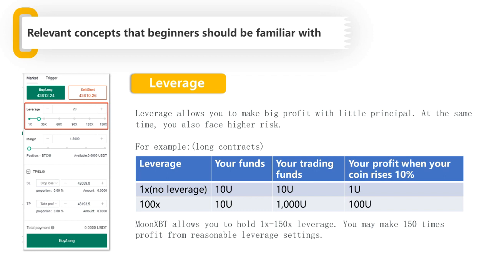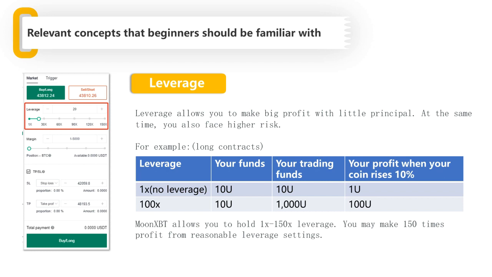So you see, 100 times leverage changes your profit from 1 USDT to 100 USDT, 100 times more. MoonXBT allows you to hold up to 150 times leverage. You may take 150 times the profit from reasonable leverage settings.